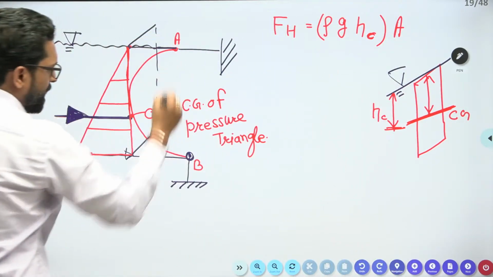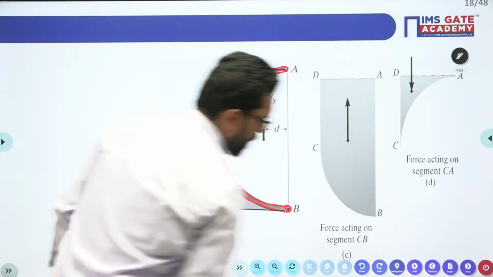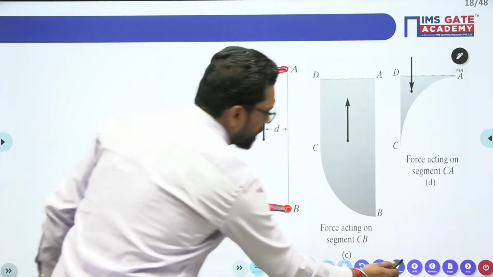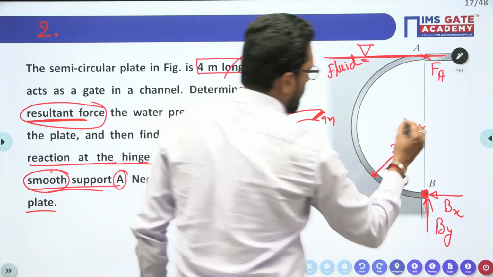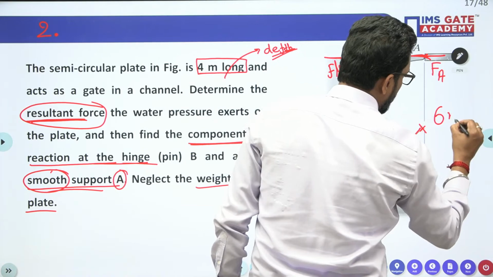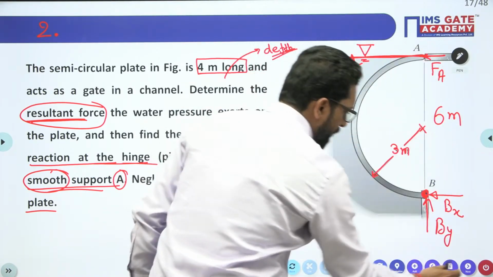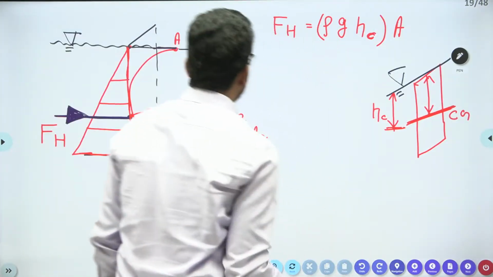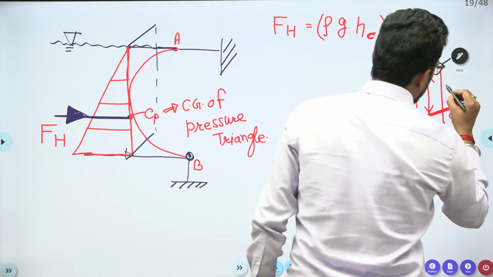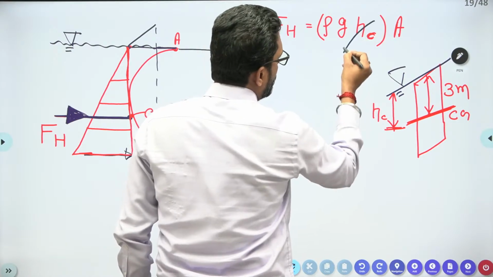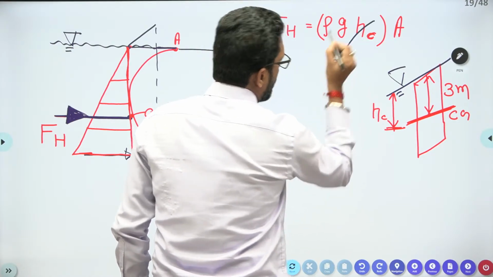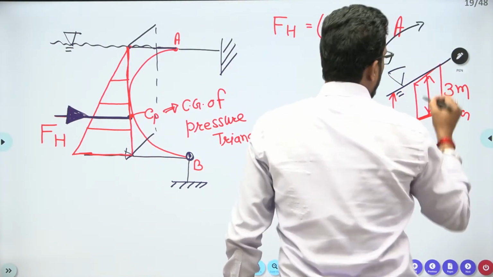The total length is 6 meter. So the CG of this vertical projection is at 3 meter. So HC is 3. What is the area of this plane?